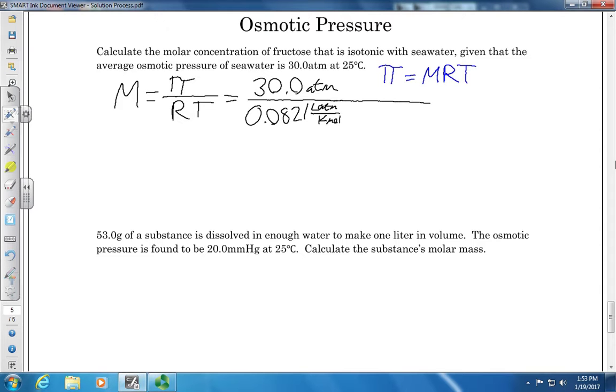And we have to put our temperature in Kelvin, so 25 plus 273 is 298, so 298 Kelvin. And so when you do that calculation out, you end up with 1.23 molar. And that's all there is to it for that one.